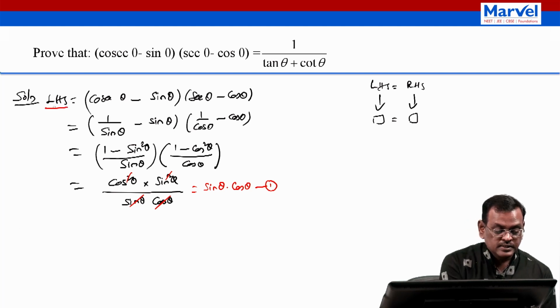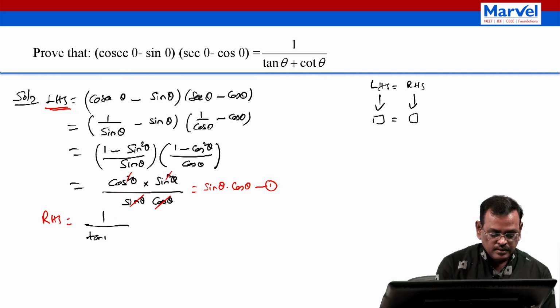Now this is LHS, now RHS. So what is RHS? 1 by tan theta plus cot theta.